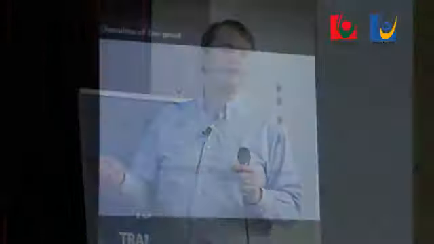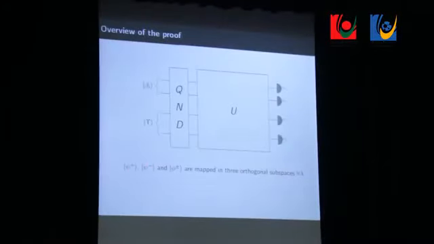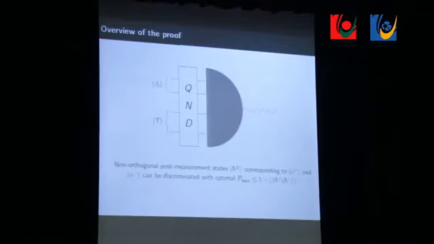So this transforms the problem of distinguishing four states into two which are always distinguished, the easy ones, and I have to distinguish the two last. Those are two non-orthogonal states I want to discriminate.